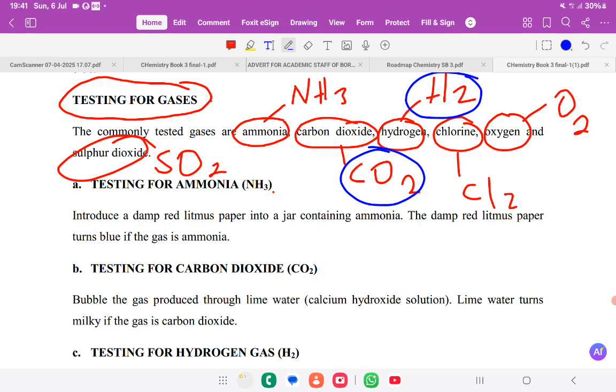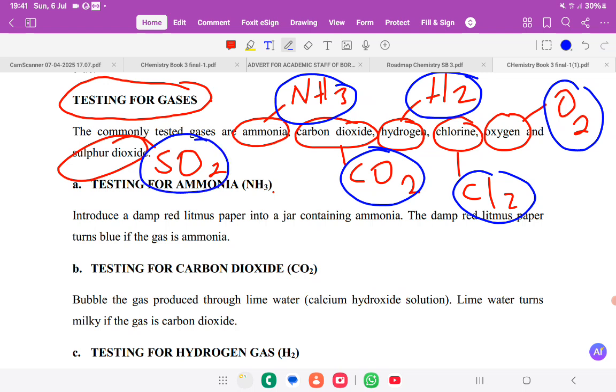Some will produce hydrogen. Some will produce chlorine. Others will produce oxygen gas, others will produce ammonia, and yet others will produce sulfur dioxide.